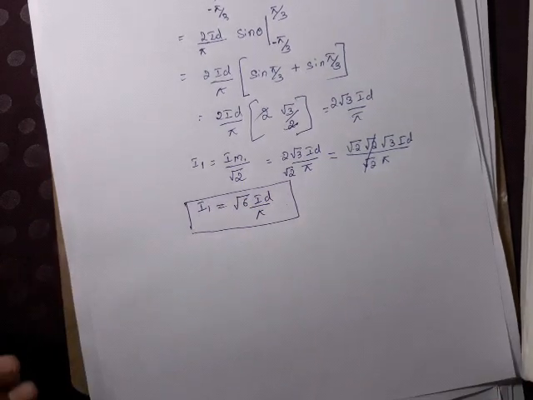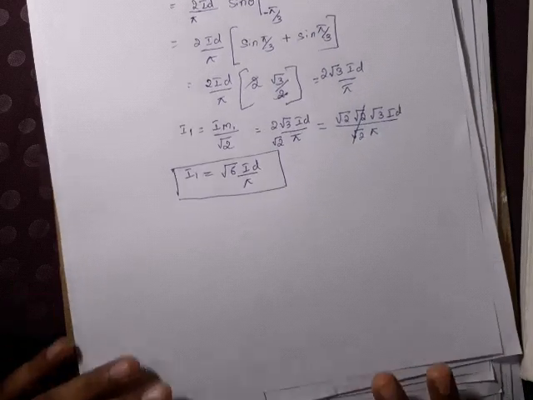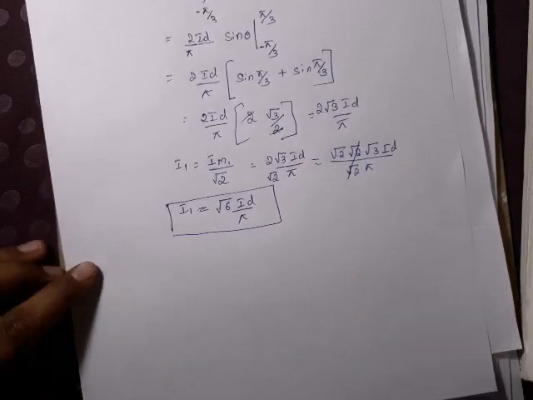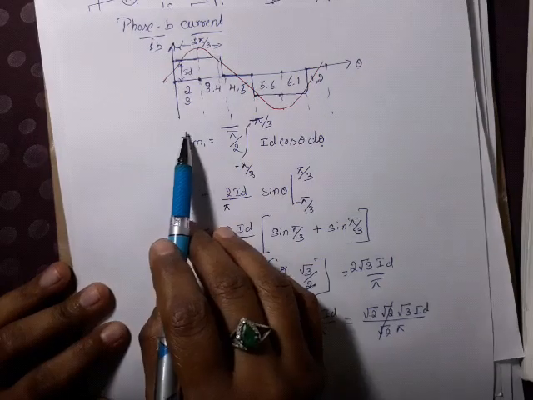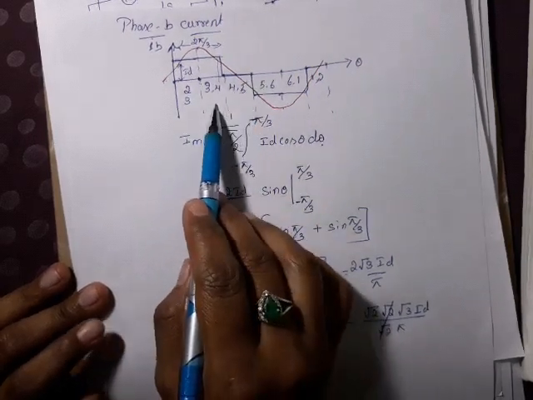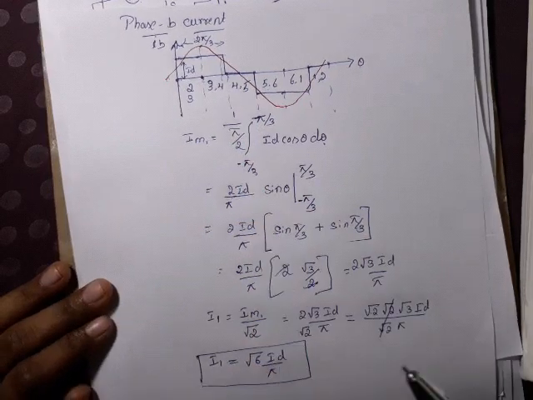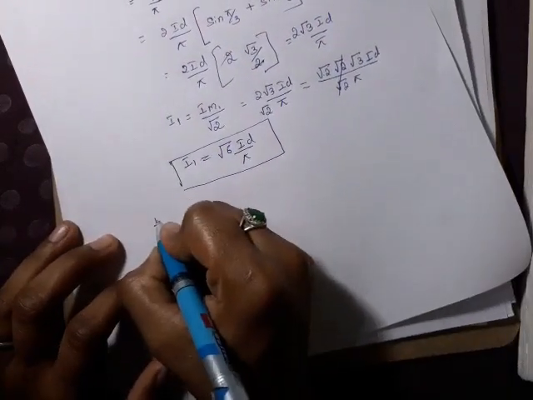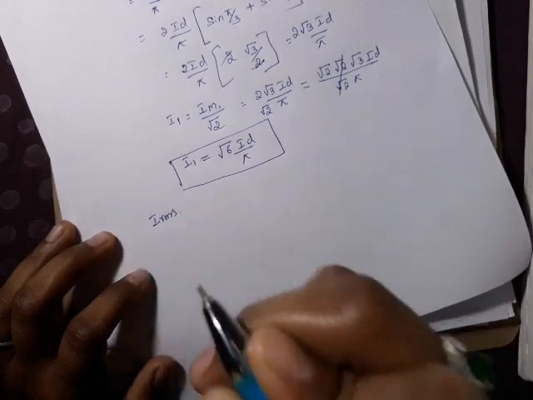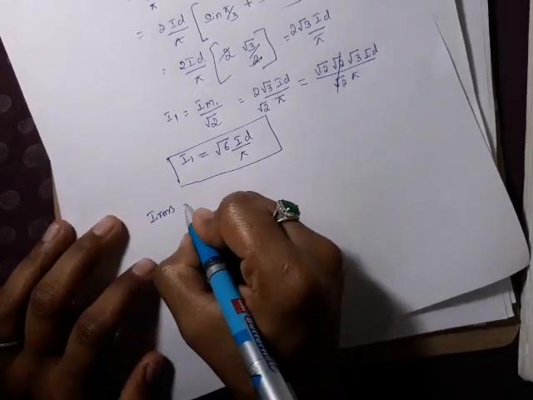We'll keep this as it is and look for the RMS value of the wave, because we have assumed it as sinusoidal, but it is not actually sinusoidal. If it were sinusoidal, what would the value be? That we'll see. Okay, the RMS value, I RMS. How to find the RMS value?